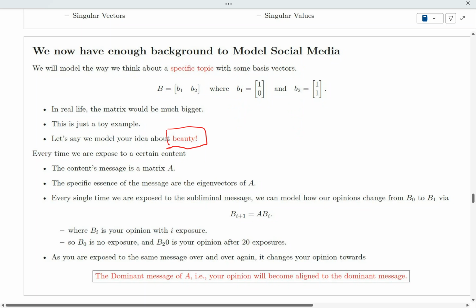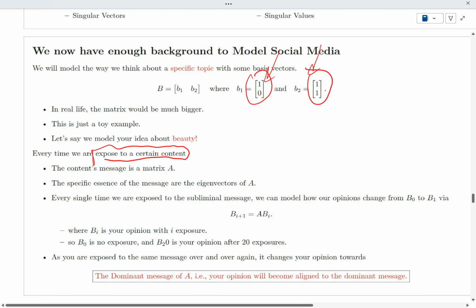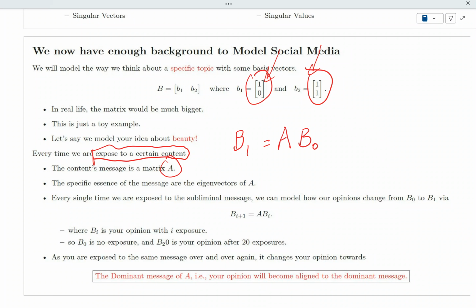Your opinion about beauty is aligned based on these two factors, and together your opinion is modeled by this matrix B. Every time we're exposed to certain content, we're going to call that content A. It's equivalent to your matrix interacting with the content. You start with some initial point and you interact with the content, and your opinion changes a little bit.